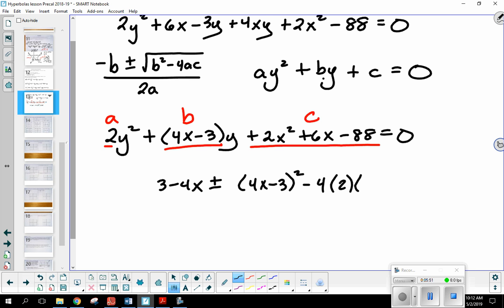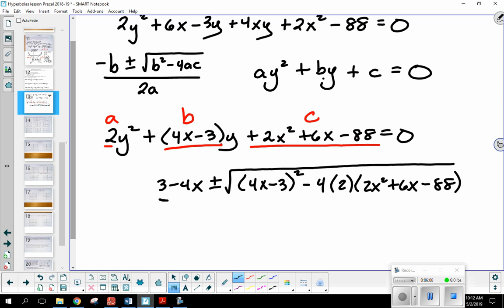It's this whole trinomial, 2x squared plus 6x minus 88. So there's b squared minus 4 times a times c, and all that's below your radical. And now you want to divide it by 2a, but remember a is 2, so I'm going to divide this whole thing by what? 4, 2 times 2. All right, is everybody okay with how I plugged in all those values?